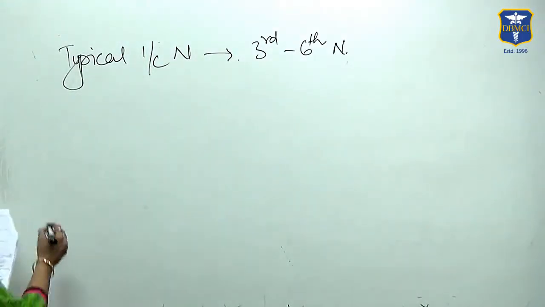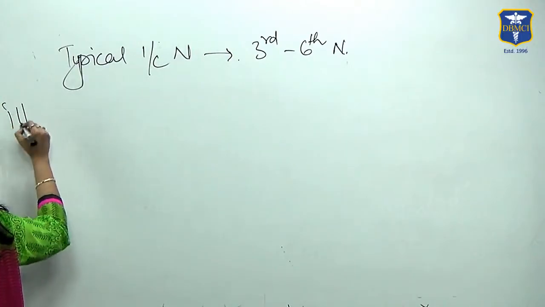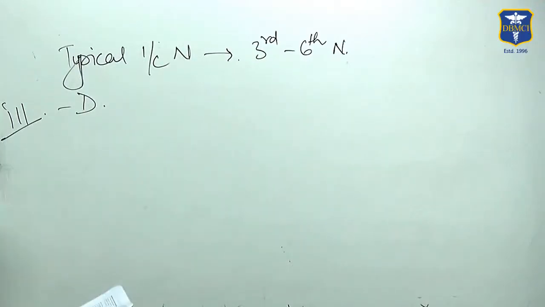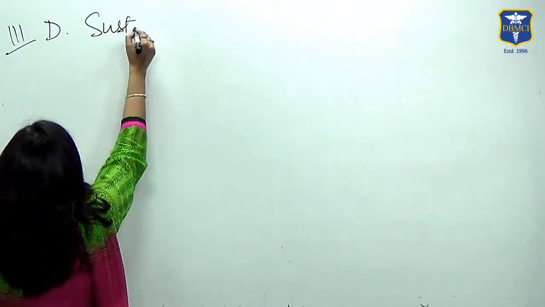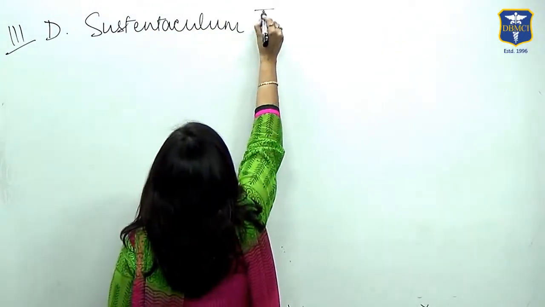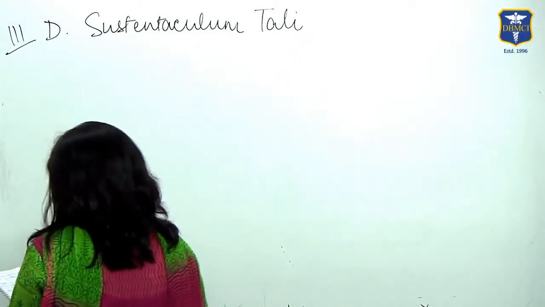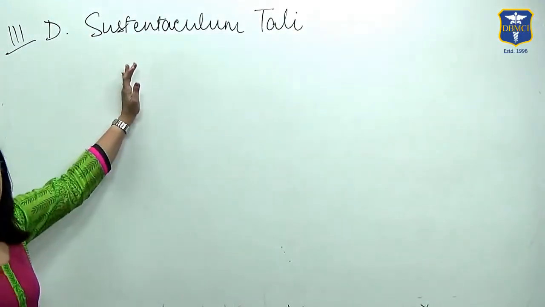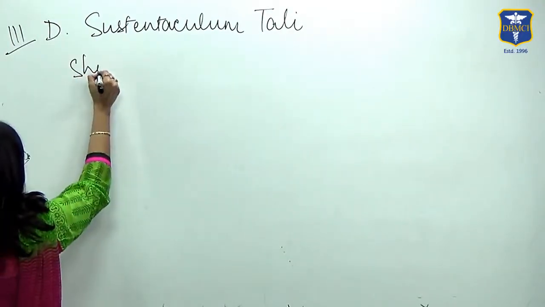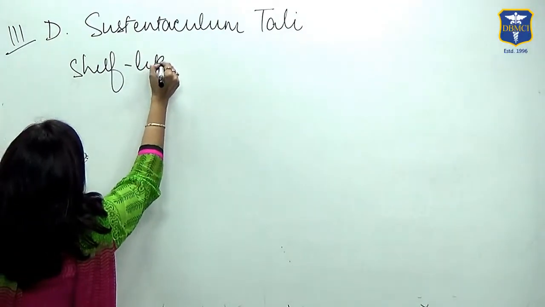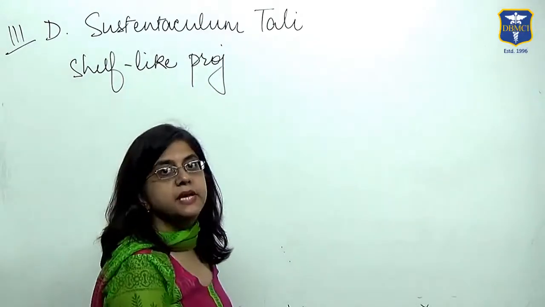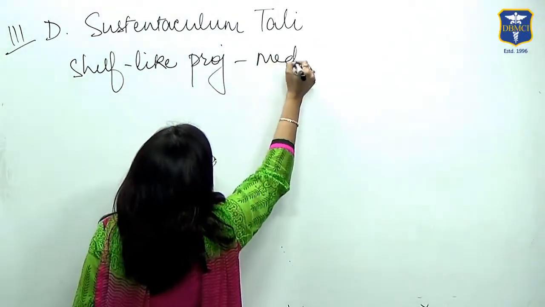Question 111, the answer is D. Sustentaculum tali is a shelf-like projection which is seen on the medial aspect of calcaneum.